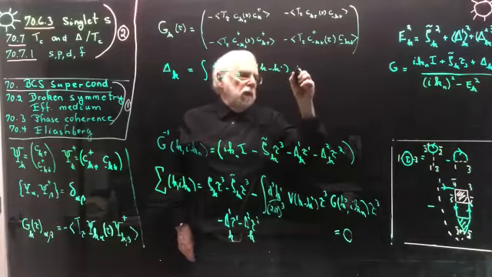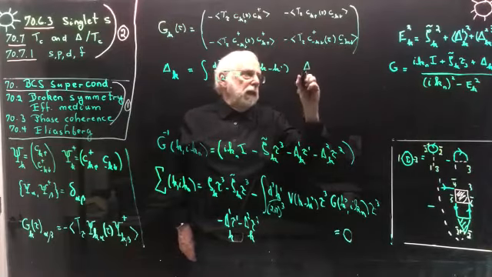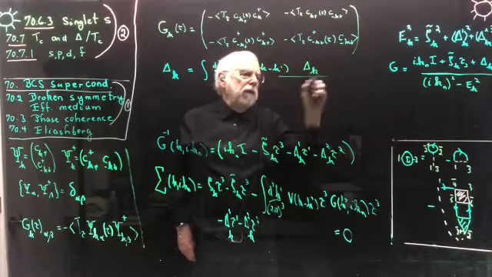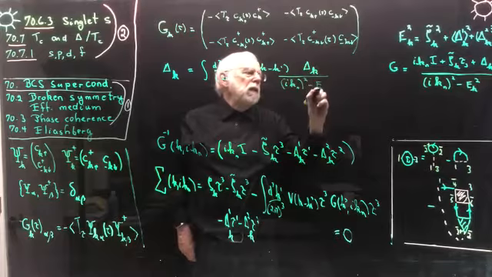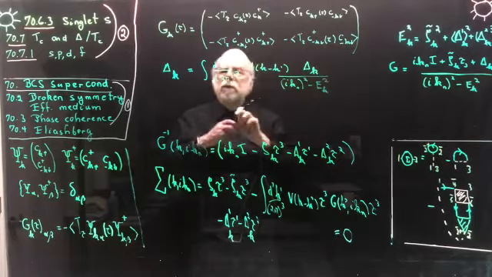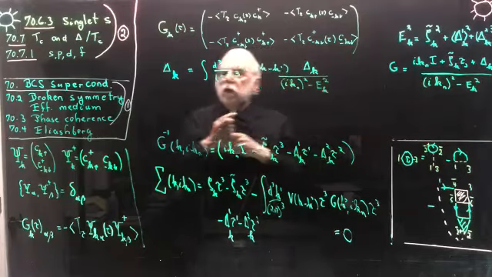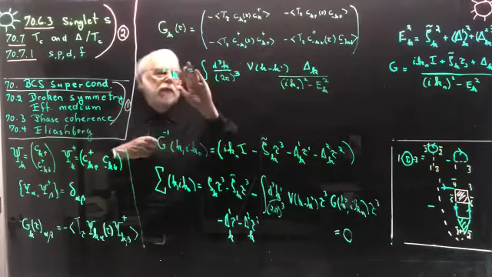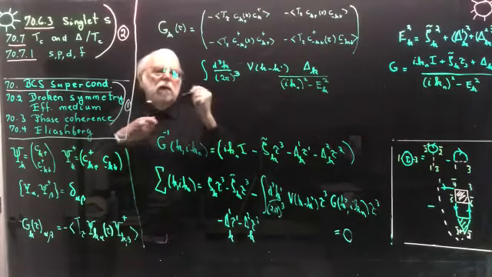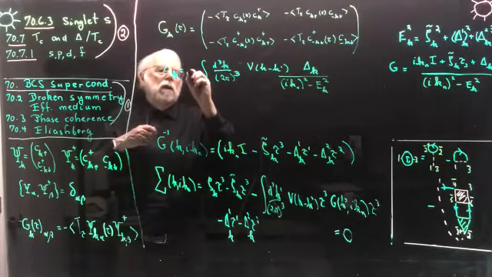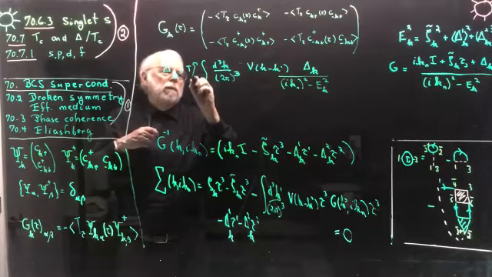So times delta k divided by i k n square minus E k square. And here I always need to do the sum over Matsubara frequencies as well. So there's equal T times sum over i k m.